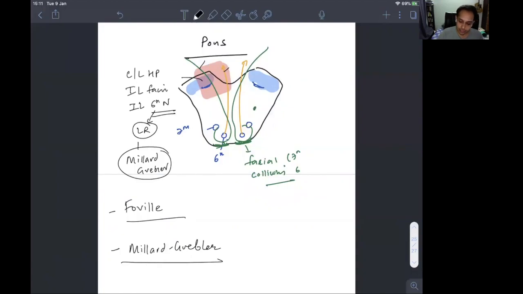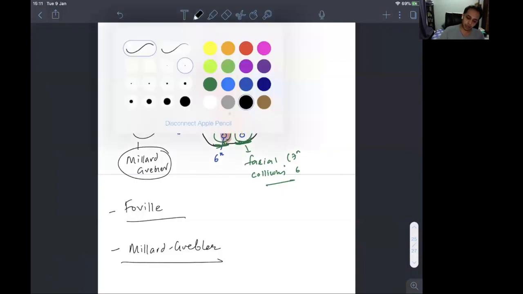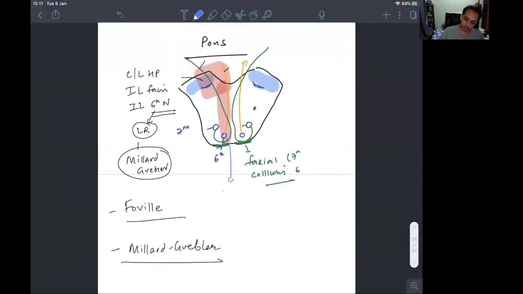Now in Foville syndrome, what happens is that your lesion extends down and actually involves a part of the sixth nucleus known as PPRF. Now, PPRF controls not only the sixth nucleus on that side, but also the third cranial nerve on the opposite side.